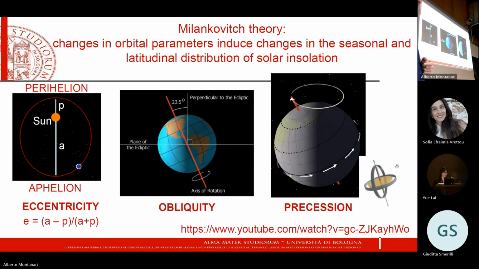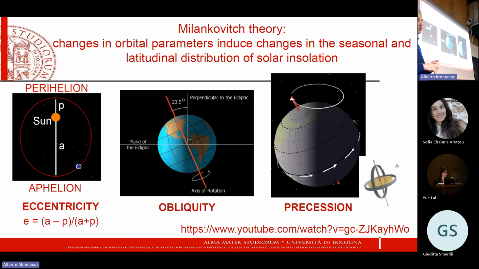So, what are these? Eccentricity can be calculated by looking at the orbit of the Earth around the Sun. The aphelion is the farthest point in the orbit of Earth with respect to the Sun, while the perihelion is the closest.